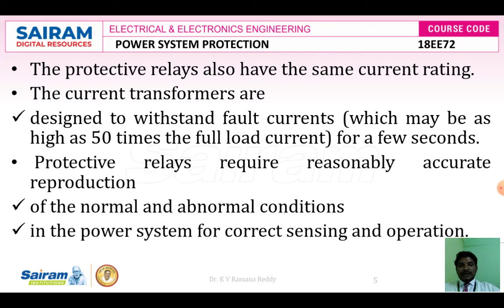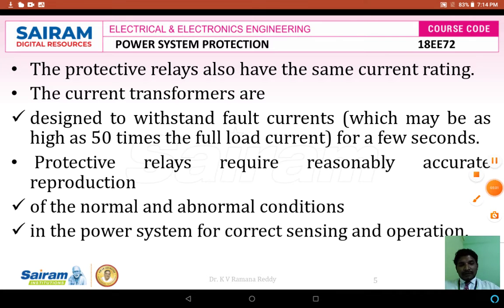Therefore, protective relays require reasonably accurate reproduction of the normal and abnormal conditions in the power system for correct sensing and operation, otherwise it is difficult to measure at what current it is.